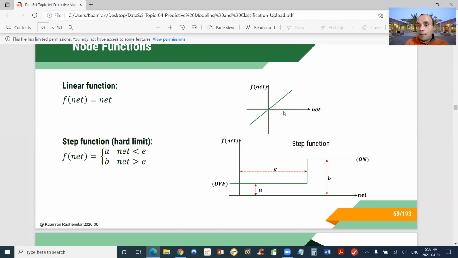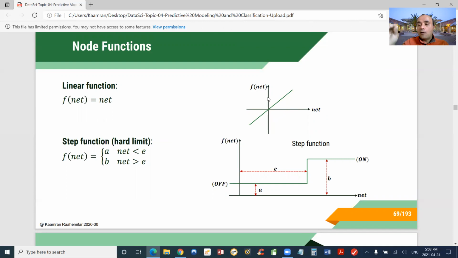And if this is 45 degrees, obviously net and f of net are going to be exactly the same. A linear function doesn't have to be exactly 45 degrees. This is just an example. But the entire idea is that as net increases, you do have output. Your axon is actually sending the signal based on what the input is.